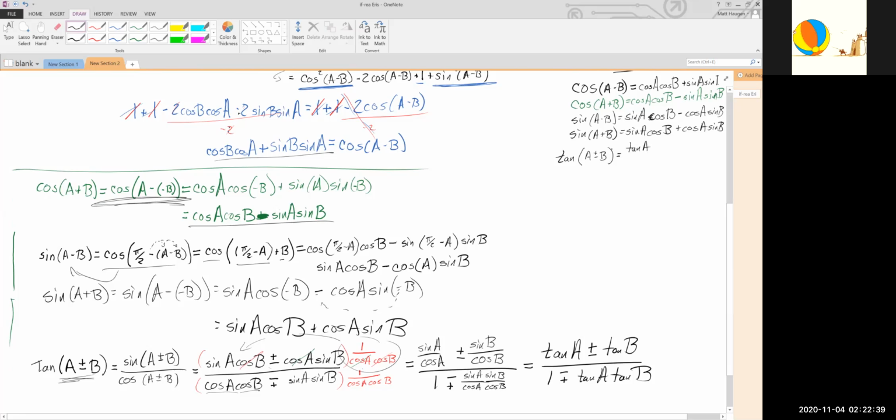So our tangent of A plus or minus B, you can write these combined too, like I did down here: the tangent of A plus or minus the tangent of B over 1 minus plus tangent of A, tangent of B. If you do, you just have to remember that this plus or minus becomes a minus plus on that side.